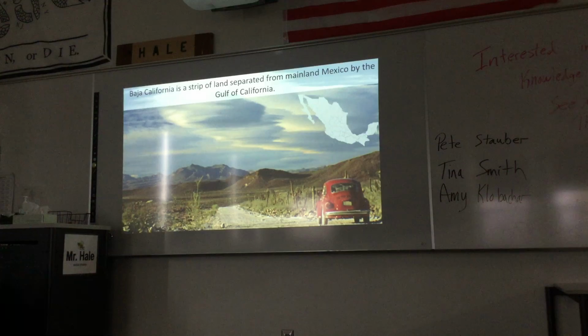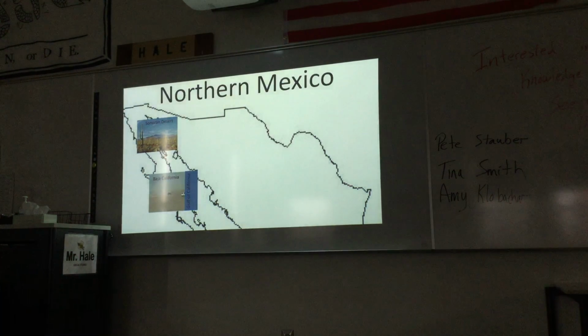It's, like I said, this strip of land that separates mainland Mexico from the Pacific Ocean, and the Gulf of California sits right there. Now this northern part here on Baja California is actually part of a pretty significant desert, and that desert's called the Sonoran Desert.